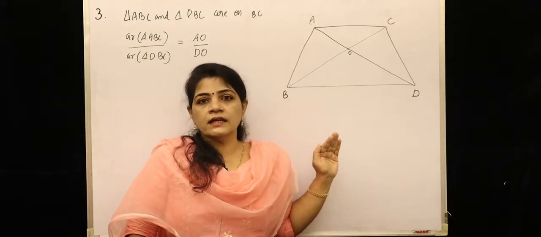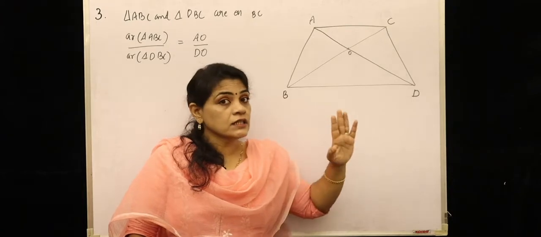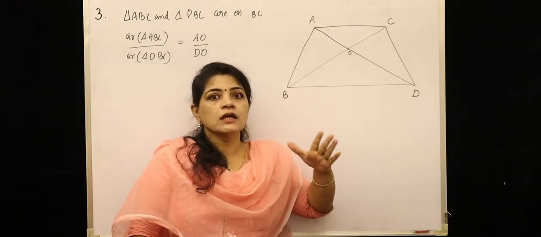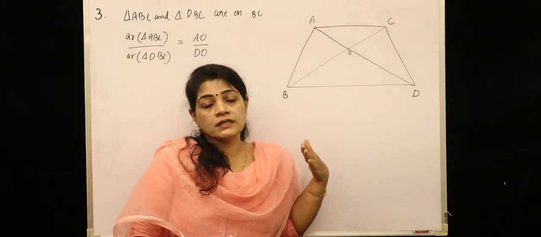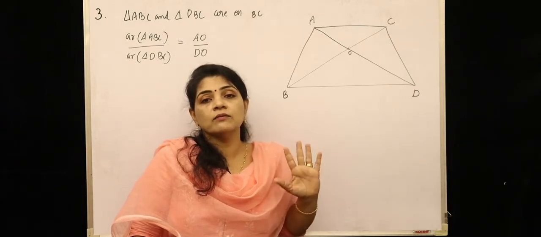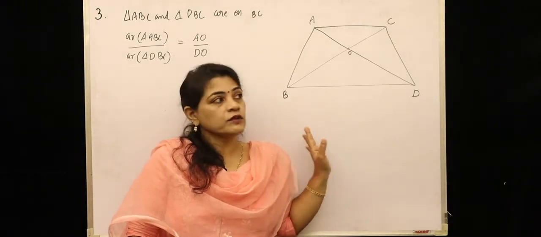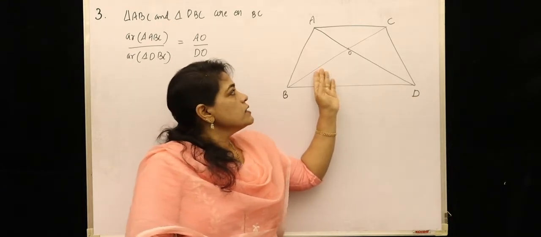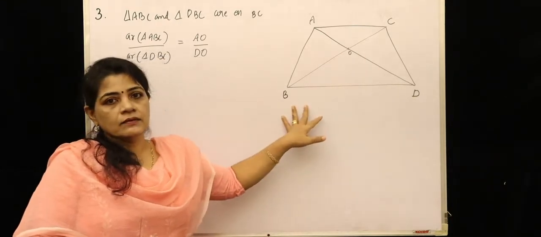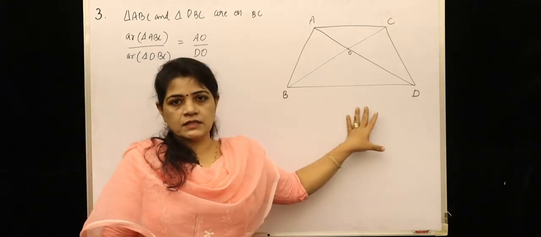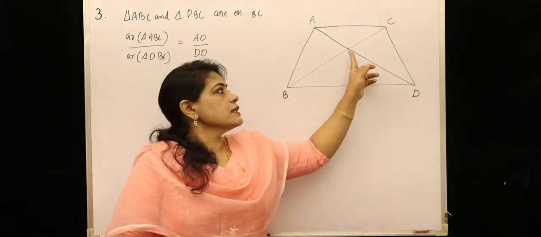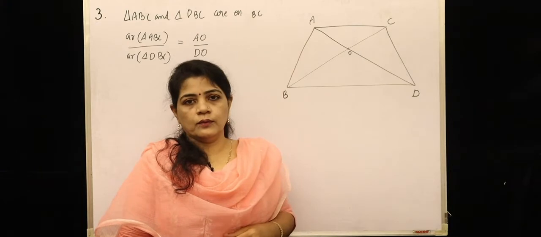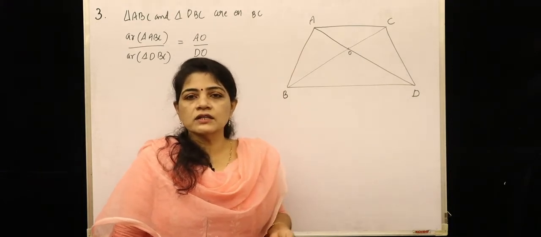The only thing given is that we have to concentrate on two triangles having the same base. Both triangles are on the same base BC. We have to just concentrate on that idea only. And the two diagonals of this quadrilateral ABCD intersect at the point O. These are the only two conditions given.